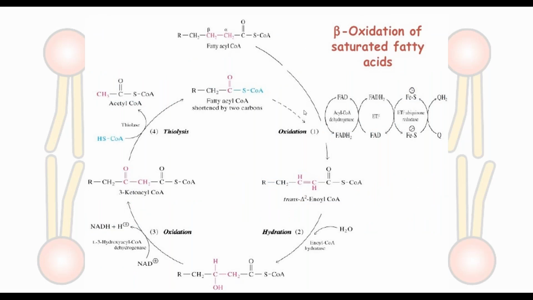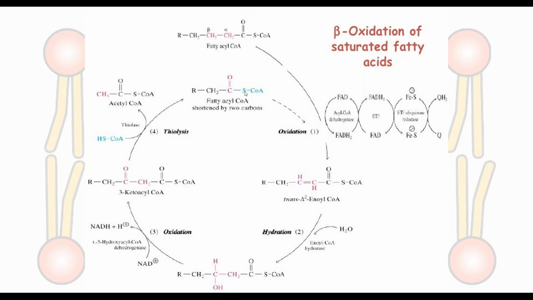So it will undergo this sequential reaction of beta oxidation: first oxidation, followed by hydration, then oxidation, and then thiolysis. And it will give you a new fatty acid acyl CoA which has 2 fewer carbon atoms, meaning it will have 5 carbon atoms, because the 2 carbon atoms have gone into the formation of acetyl CoA, which is going to enter the TCA cycle.